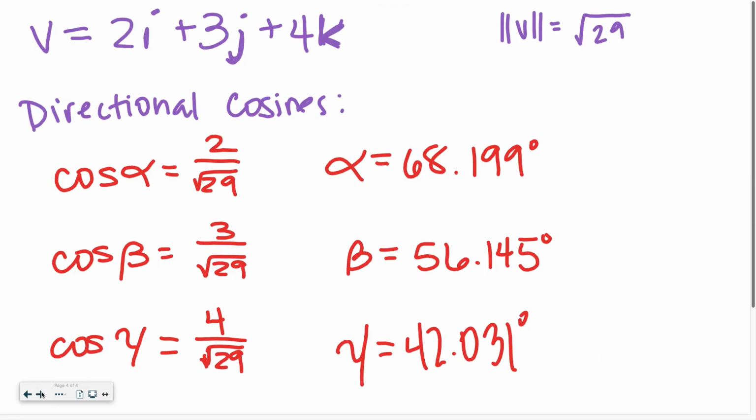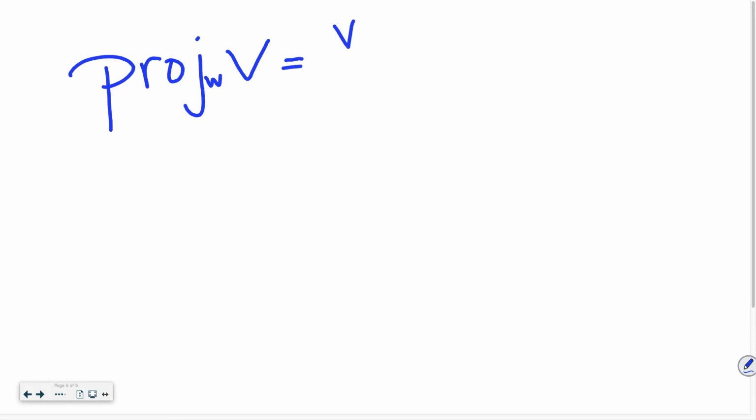Okay. Sorry. I want to remind you how we do projection vectors. The projection of V onto W is V dot W over magnitude of W squared times W. That will probably come up in your homework this evening, so I wanted to make sure that we know that.